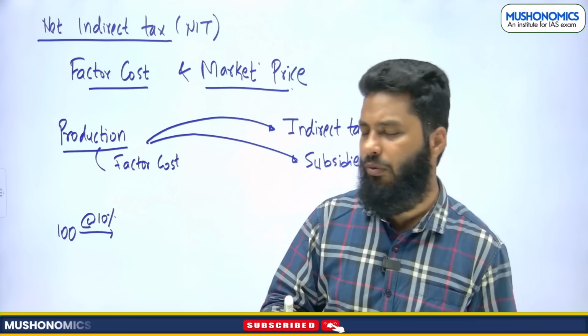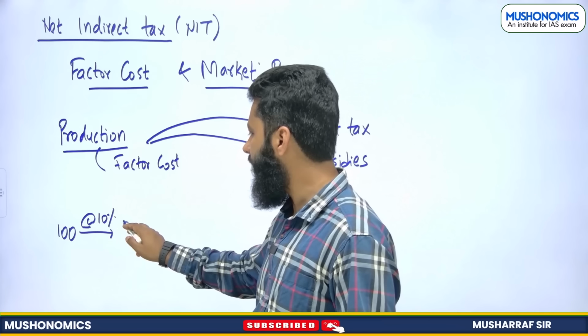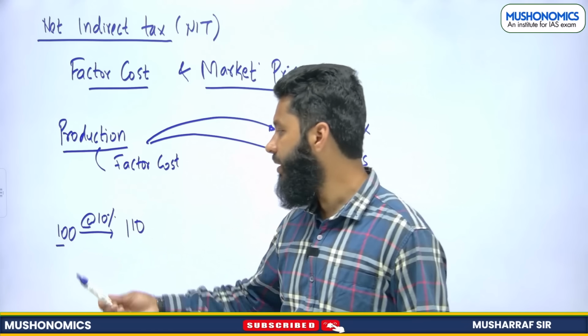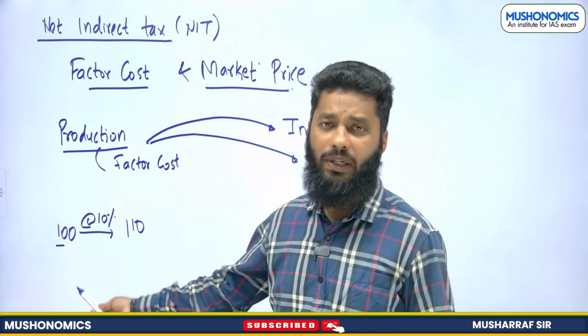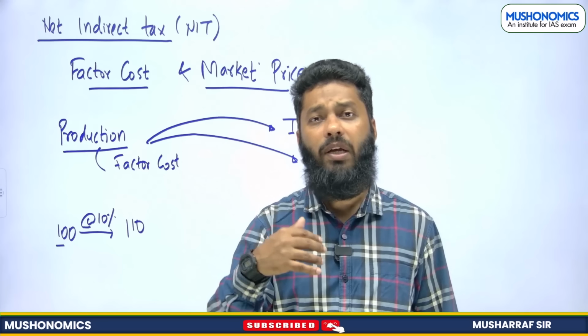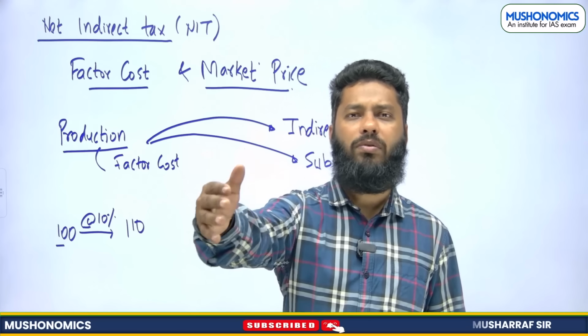But what will I do? I will sell this product at 110. 100 rupees is the cost of this pen, and I am adding 10% tax so that I should not pay the tax, and I will be shifting my burden of tax onto the consumer.